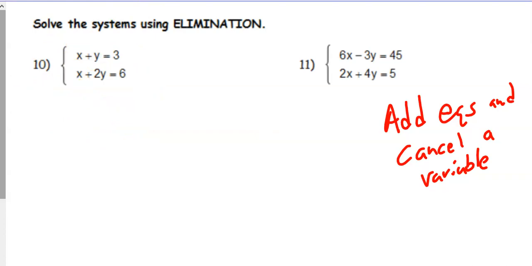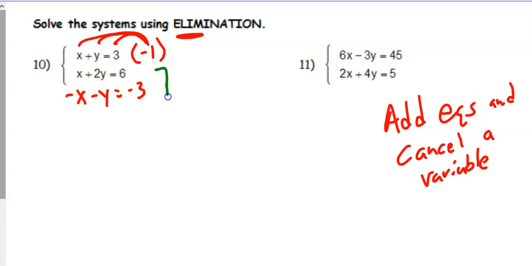So what I need to do is decide, do I want to eliminate x or y? In this case, I'm going to choose to eliminate x. So if I multiply this first one by a negative 1, and the reason I'm doing that is because now I'll get negative x minus y equals negative 3. When I add these two equations right here, the second one, which I didn't have to do anything to, and this one, now my x's have the same number in front.